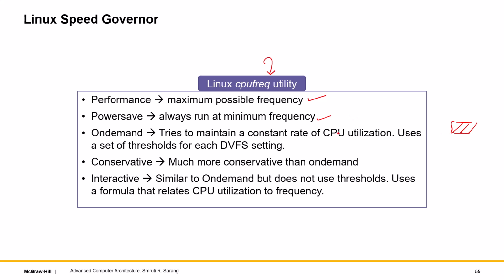Conservative is again a version of the on-demand, but slightly more on the conservative side, as the name suggests, nothing more to add here. So then interactive actually relies on the formula that we were talking about, where the CPU utilization is being related to frequency, because look, it's not very clear.